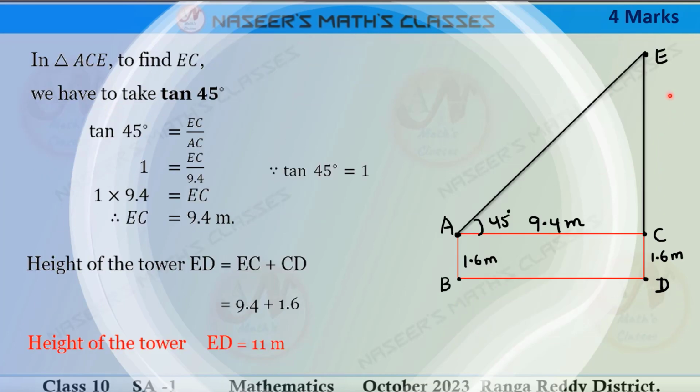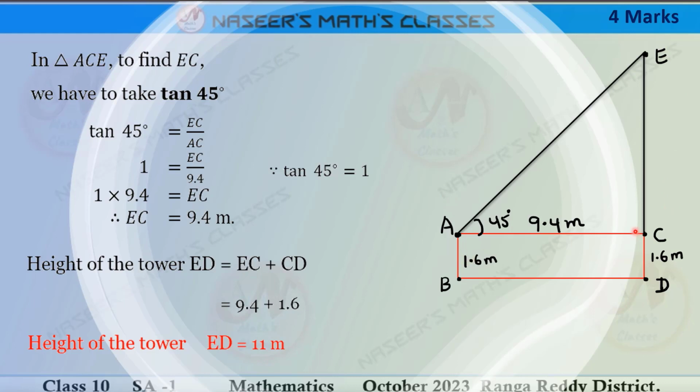So next, in triangle ACE, angle A is 45 degrees. To find EC, we have to consider the relation between opposite side and adjacent side, that is tan 45 degrees. So we can write tan 45 degrees is equal to EC by AC.